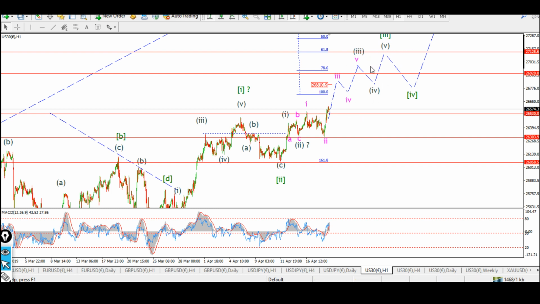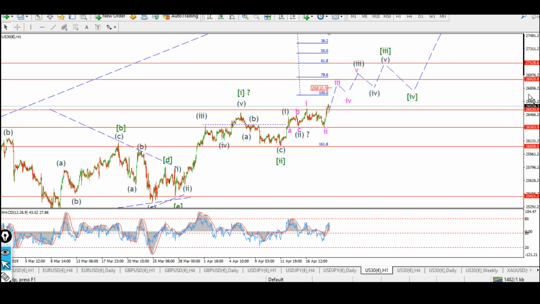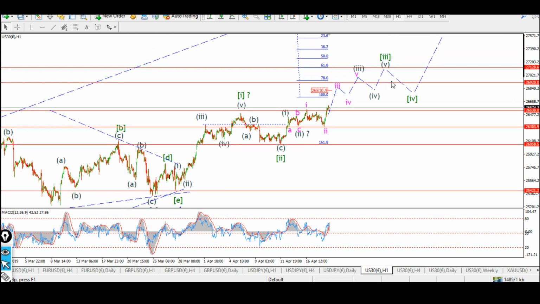Wave 3 should definitely be complete within the next 10 days or so. And wave 4 and 5, then another maybe 10 to 14 days, so maybe 3 weeks to complete this final cycle up before we finally cycle down again.